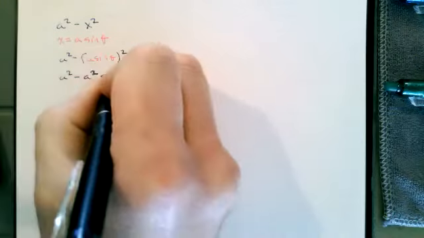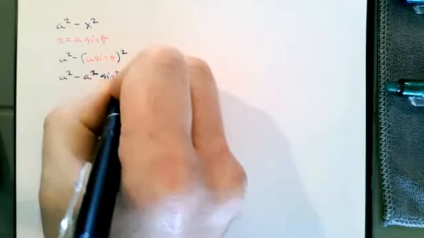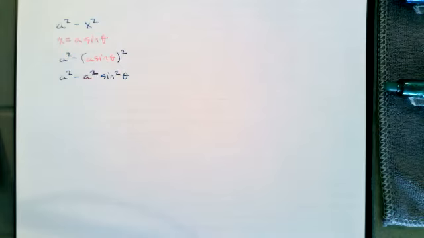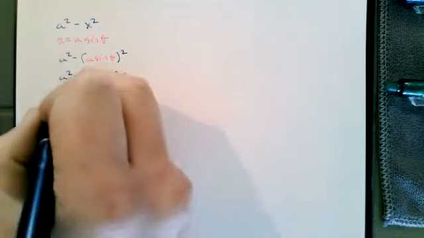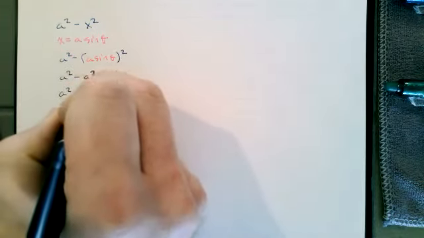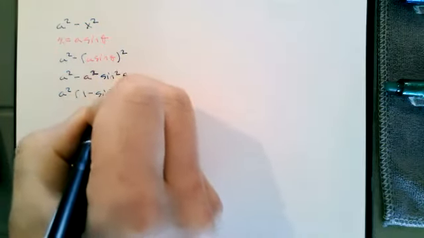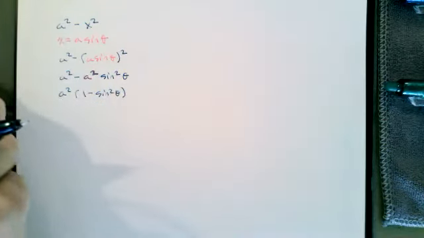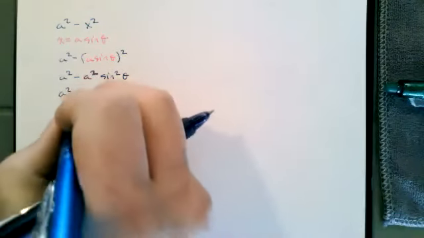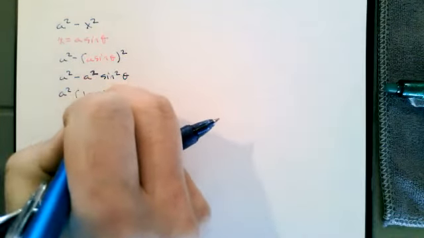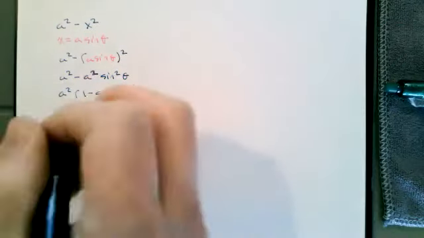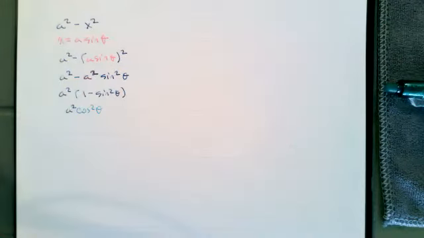I messed up the coloring on this one. What we can do here is factor out the a squared, and that's going to leave a 1 minus sine squared theta. And 1 minus sine squared theta is cosine squared theta. That is the point of this process, and that is how we will remember which case is which.